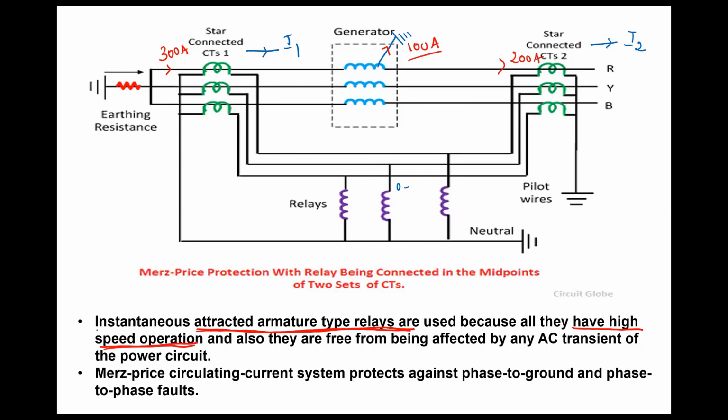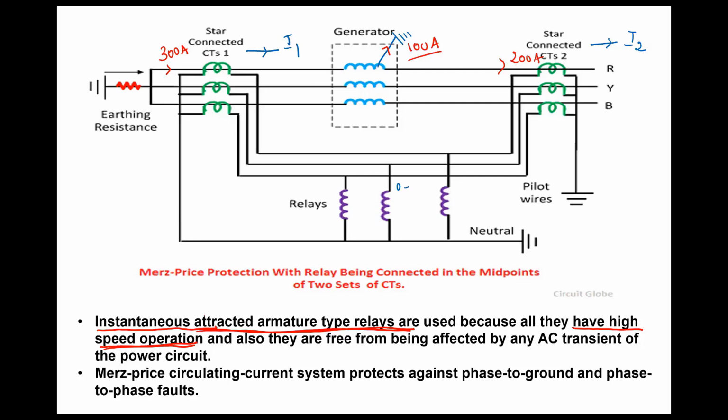Instantaneous attracted armature type relays are used because short circuit faults in stator winding are highly dangerous, so these faults should be cleared as quickly as possible. These relays operate at very great speed.